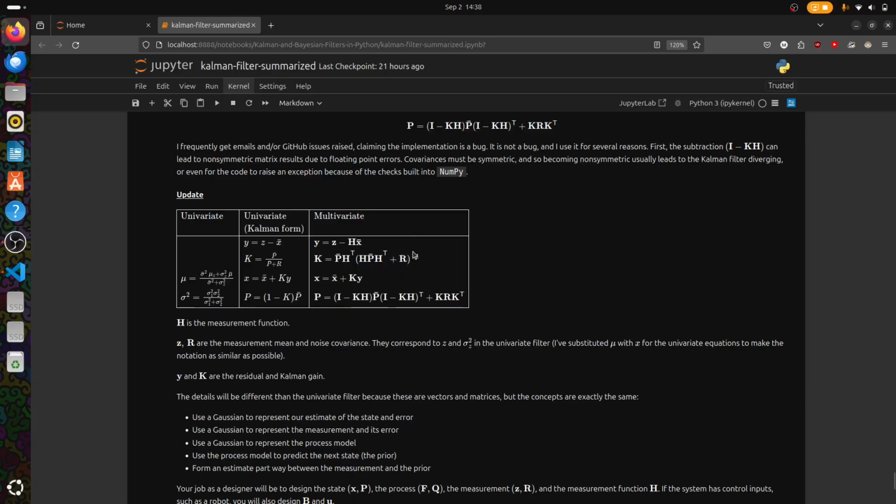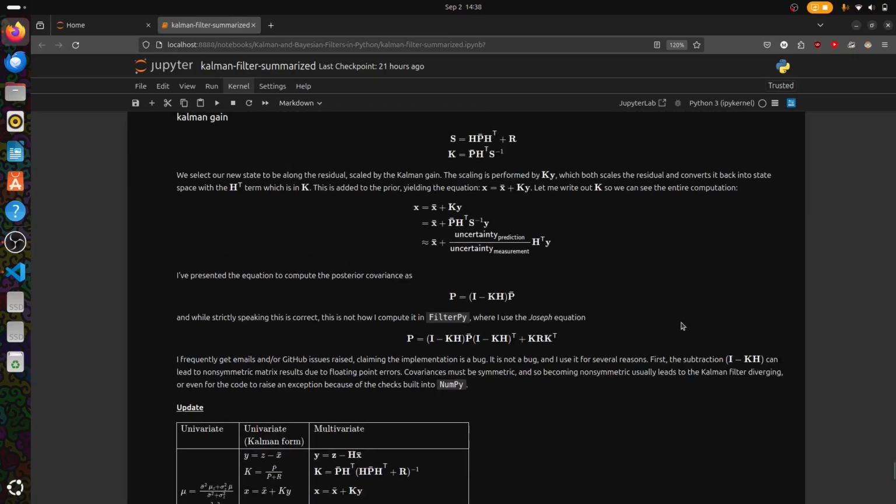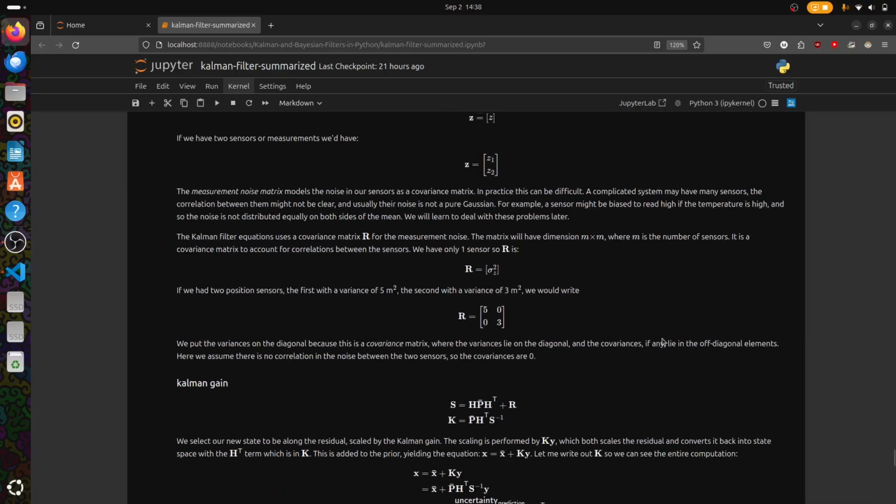This is basically the uncertainty of our measurements, and this is also found experimentally.